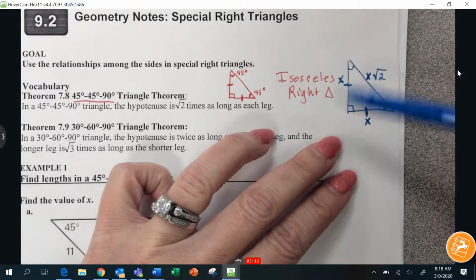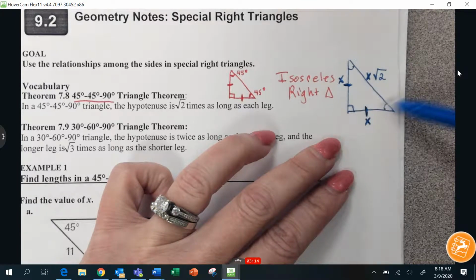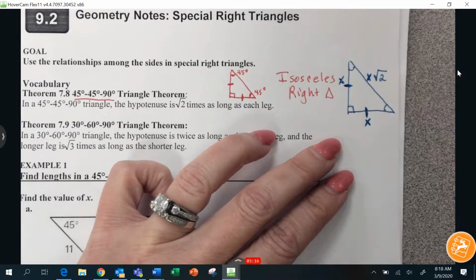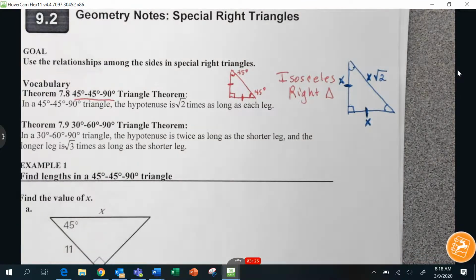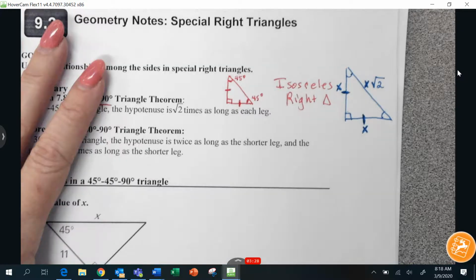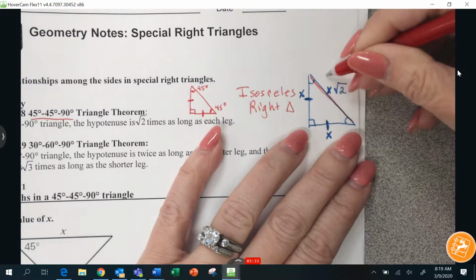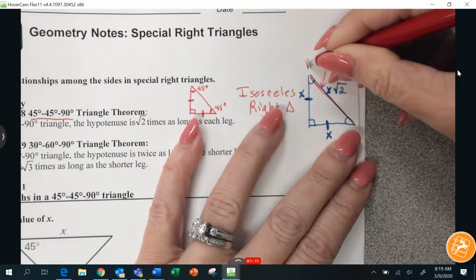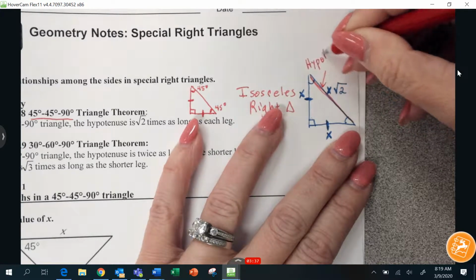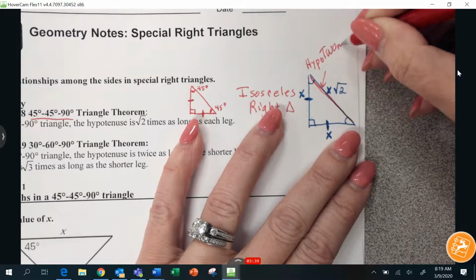So we memorize this because these three lengths are very easy to figure out. Because of memorization, sometimes it's helpful to have little sayings or tricks to help you memorize. So I call this side the hypotenuse.